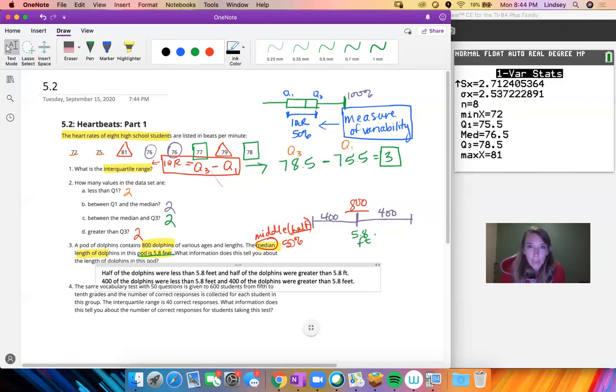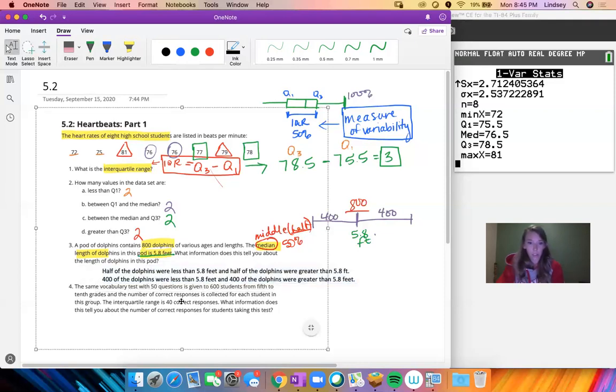We know that the median splits it in half. If we didn't know how many dolphins we started with, all we could say was half of them were less than and half of them were more than 5.8. But since we know that there were 800, you can also be very specific and say that 400 of them were greater than or less than.